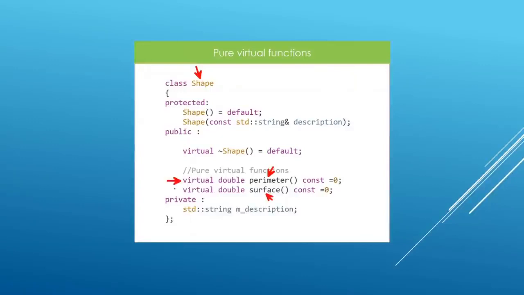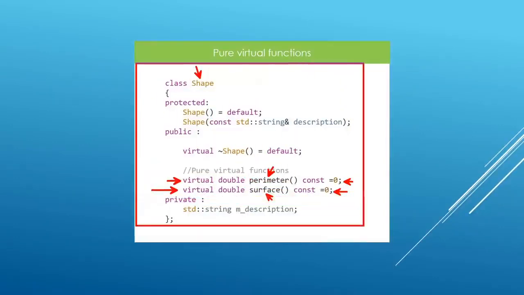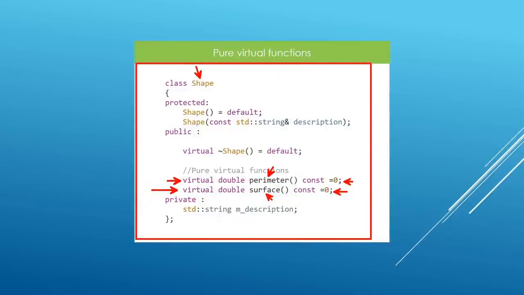These are going to be virtual member functions, but we are going to make them pure virtual functions by using the syntax you see here. We're going to append = 0, and this is going to tell the compiler that these are pure virtual functions. Once you set up these functions, a few things are going to happen in your class. This class is going to become an abstract class, in that you won't be able to create objects of this class anymore.